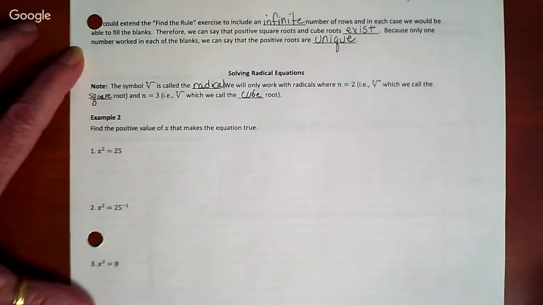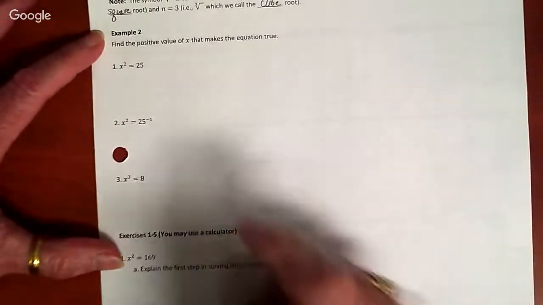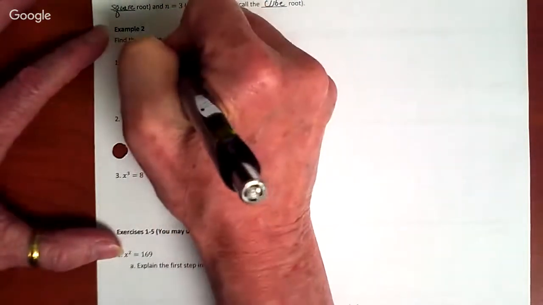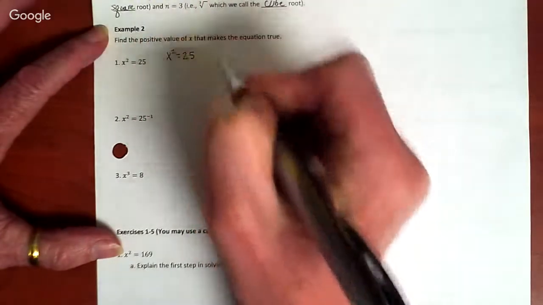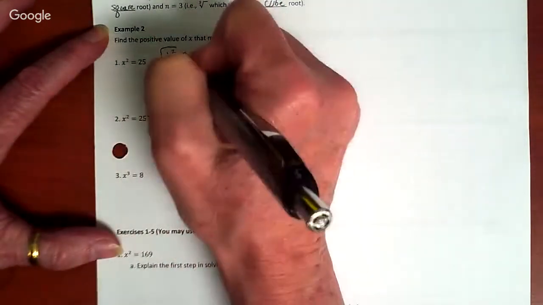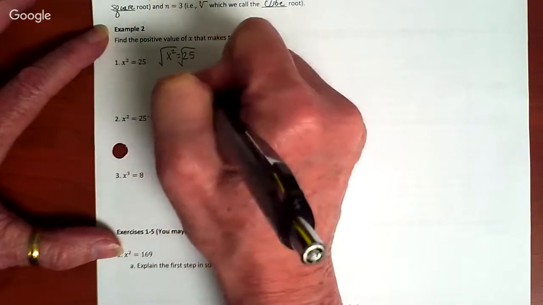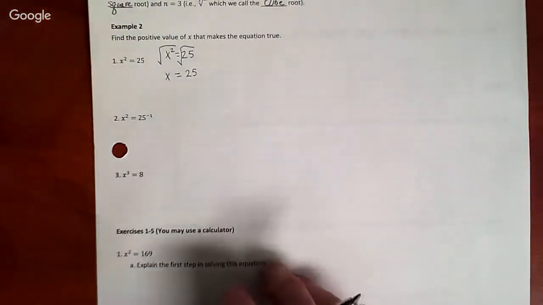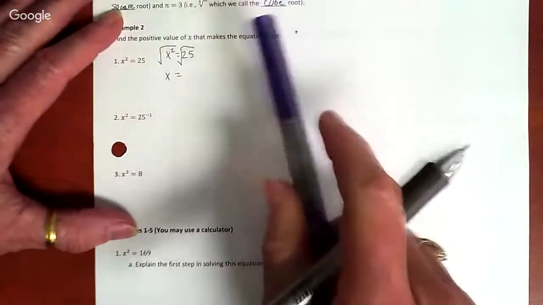So now when we solve our equations, just find the positive value. Here I have x squared equals 25. So I am going to take the square root of both sides. So here I've got x equals 5.